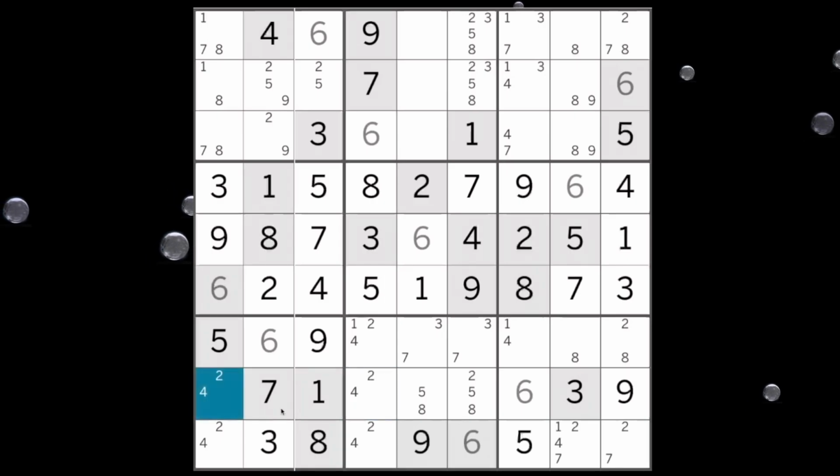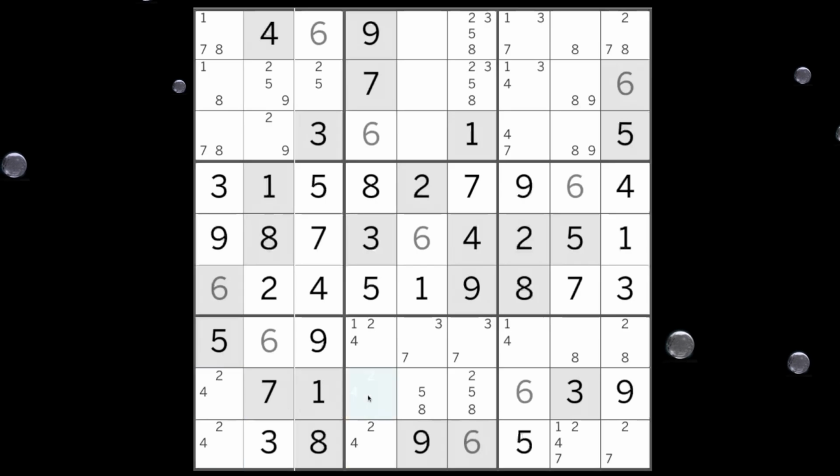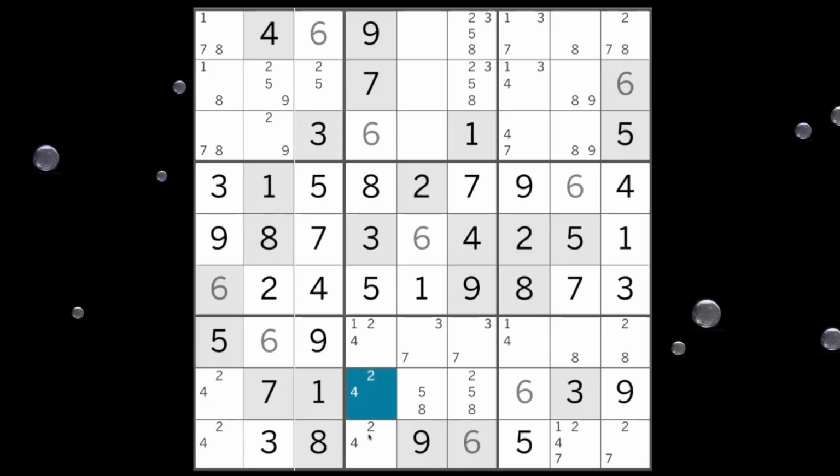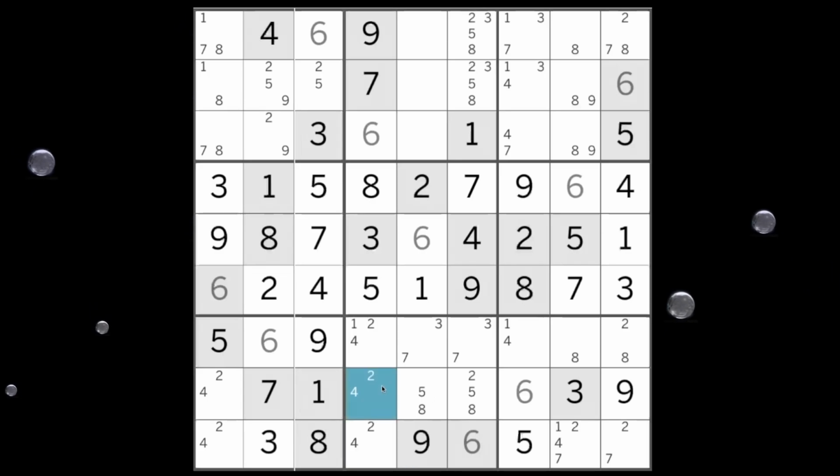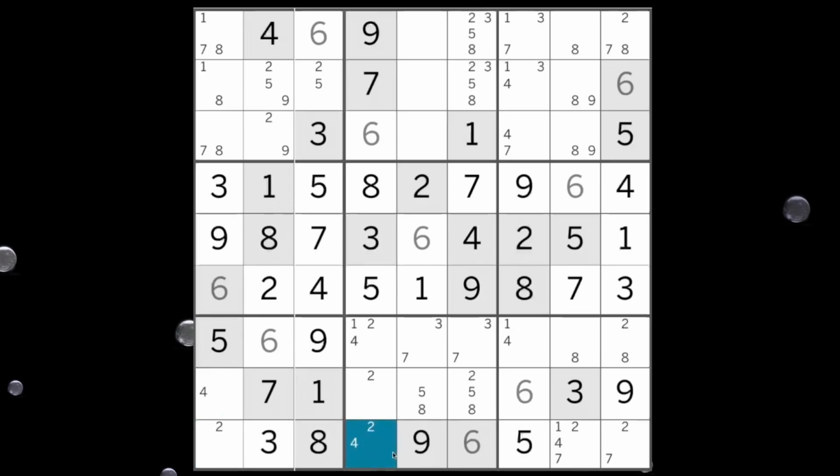If that were the case, then there's nothing here from these 4 blocks that keeps, so for example, that could be a 2, which would make that a 4. That would be a 2. That'd be a 4.